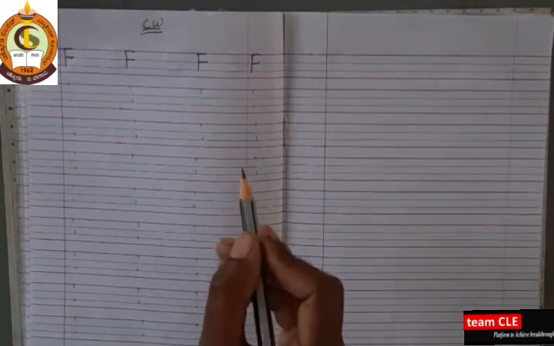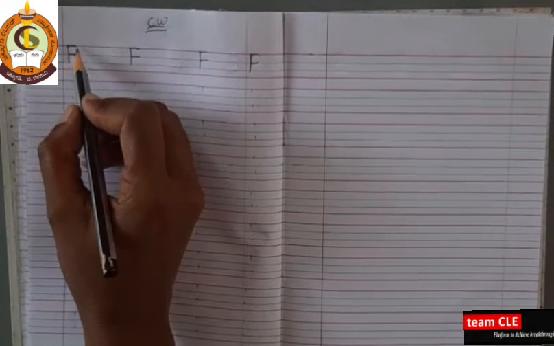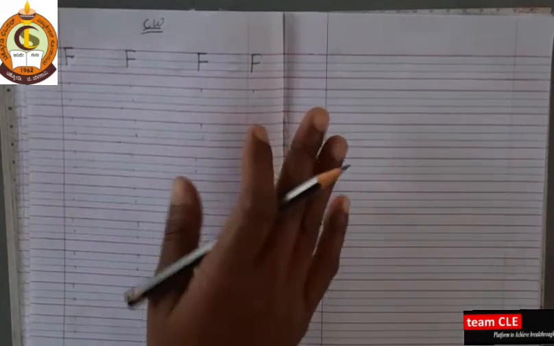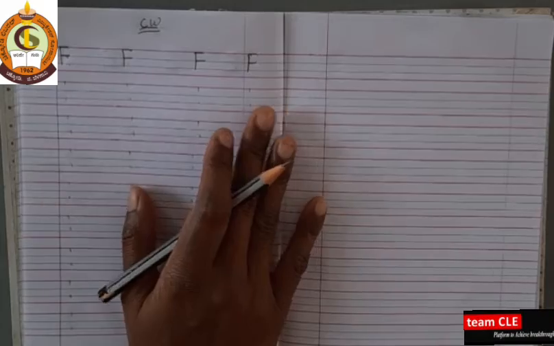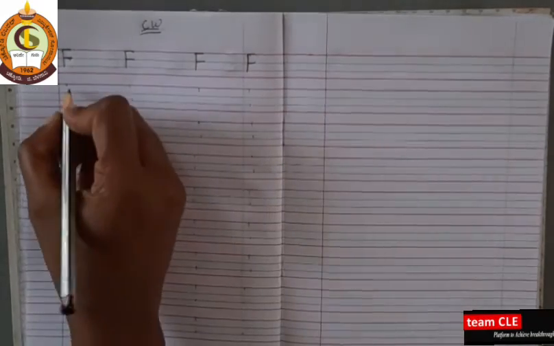So in the E letter, 1 standing line and 3 sleeping lines we learnt. So here only one standing line and two sleeping lines. Okay, see here standing line and two sleeping lines. So which letter is it now? Letter F. Okay. So next here also I put the dots.